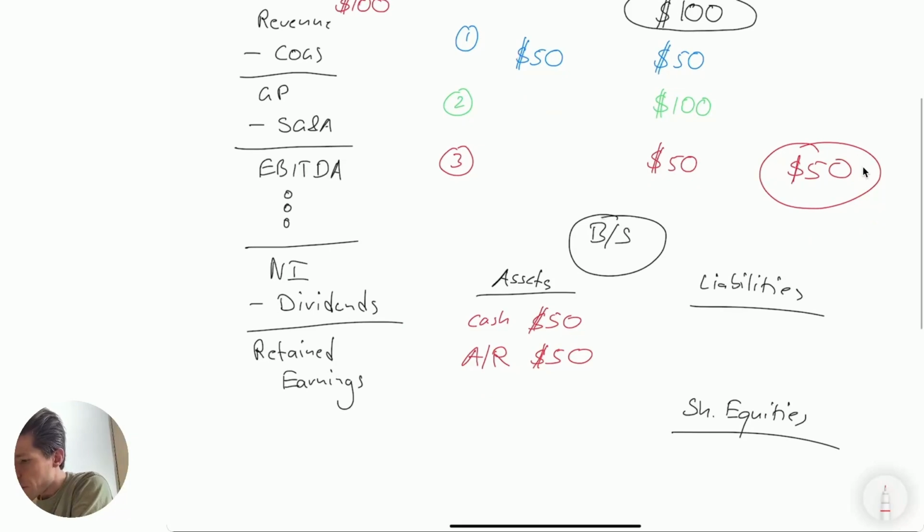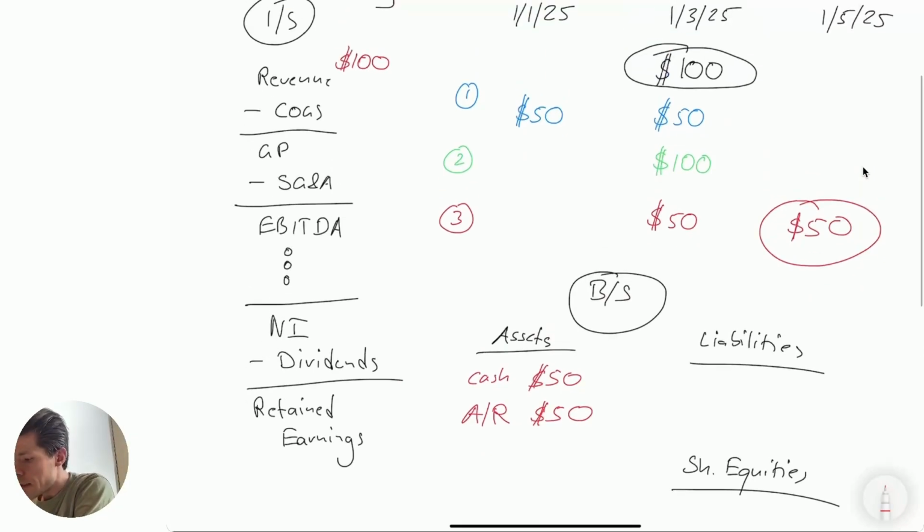And because we have recognized revenue on the shareholders' equity side, the balance sheet is balanced. And then accounts receivables, this is money that we hope to get in the future. Once this money is received, we will basically add another cash. So cash would go to 100 and we would decrease our accounts receivables account by 50.